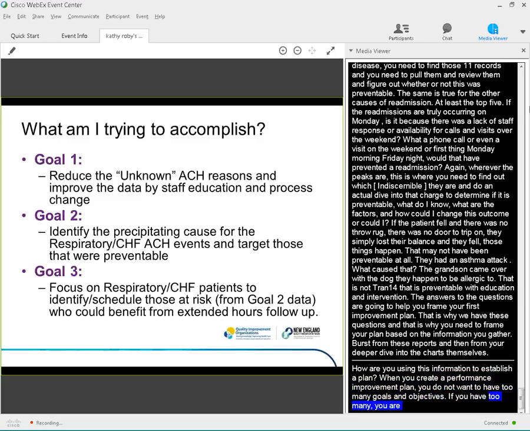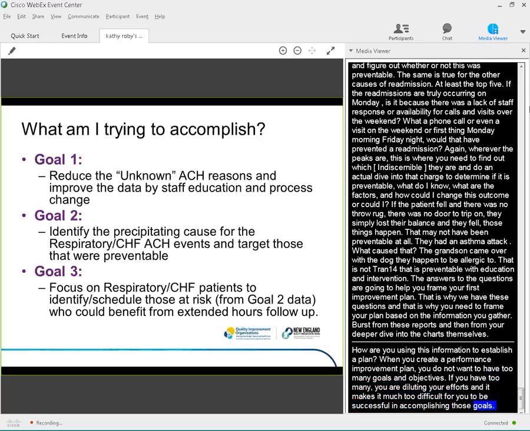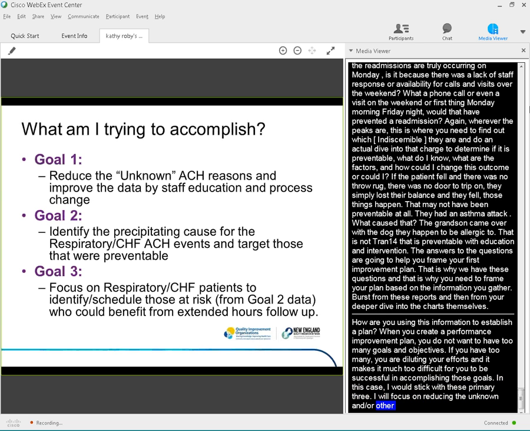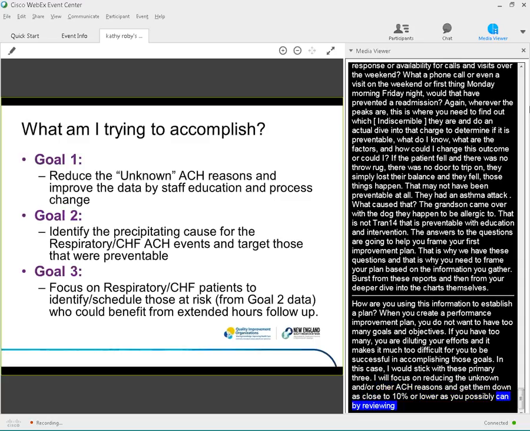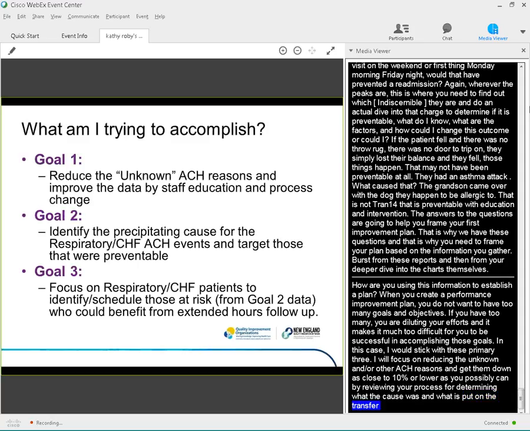I would focus on reducing the unknown and or other ACH reasons, get them down as close to 10% or lower as you possibly can by reviewing your process for determining what the cause was, what is put on the transfer Oasis, and doing that through an intense review of the charts and the transfer Oasis data itself.